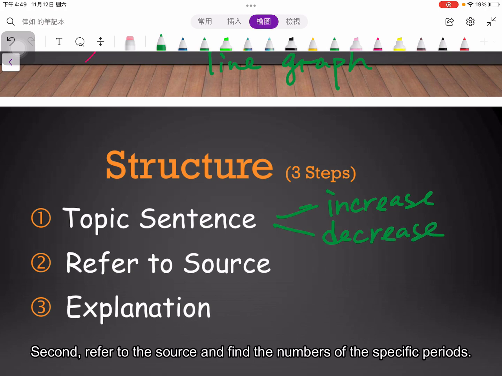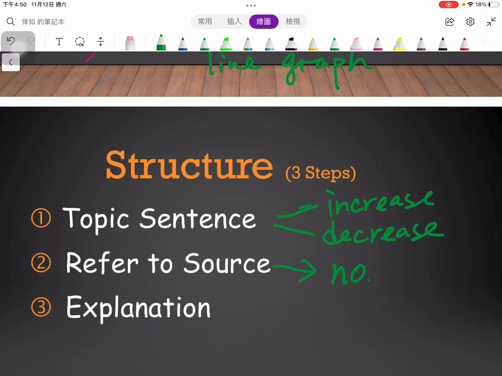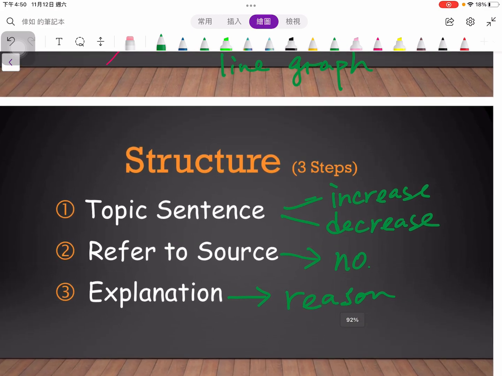The second step, we have to refer to the source. That means you have to find the numbers of the period which the question asked you to talk about. The third step is that you have to find the reason behind why you can find this trend. Okay, so we have these three steps.